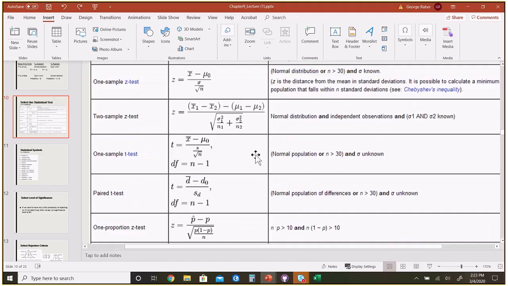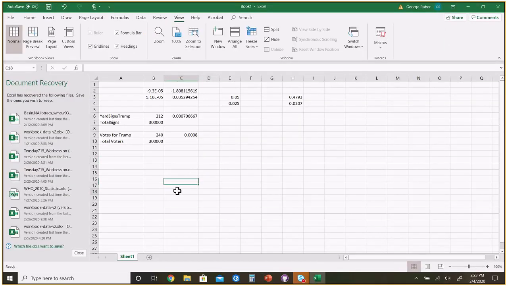But let's look at how easy that is. Okay, so for a 1 sample test, let's just say we have something really simple.